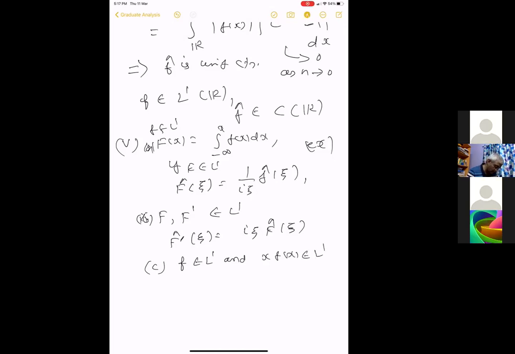Then, I will prove C because I will need it. The other two I leave as exercise. A and B are the same.